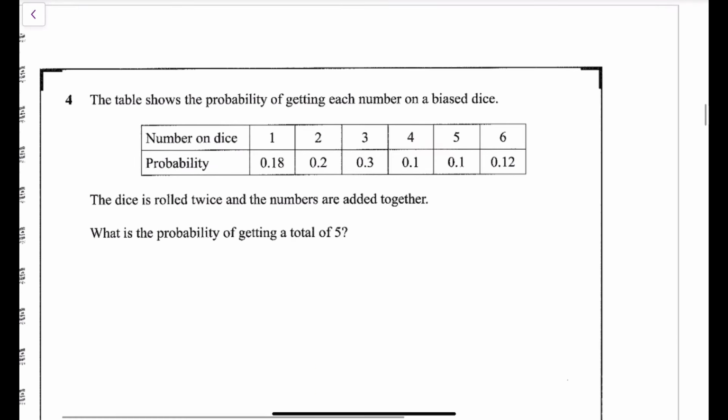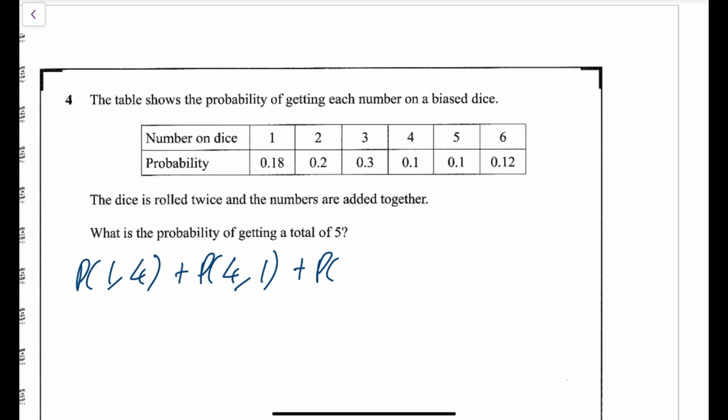Okay, question 4. The table shows the probability of getting each number on a biased dice. The dice is rolled twice and the numbers are added together. What is the probability of getting a total of 5? Okay, how do you get a total of 5? You could have a 1 and a 4, or you could get a 4 first and then a 1, or you could get a 2 and a 3, or you could get a 3 and a 2.